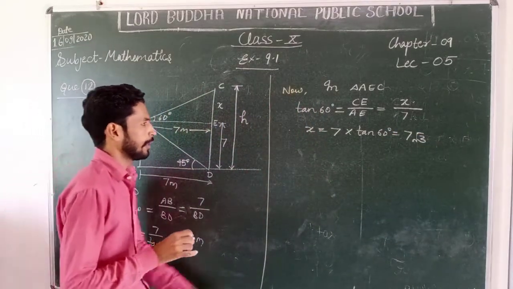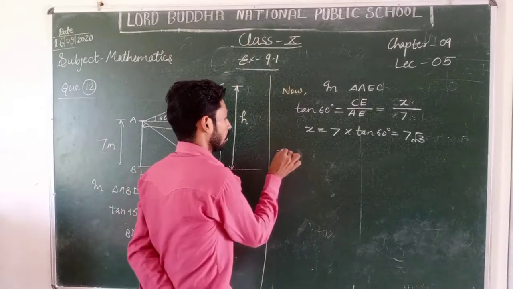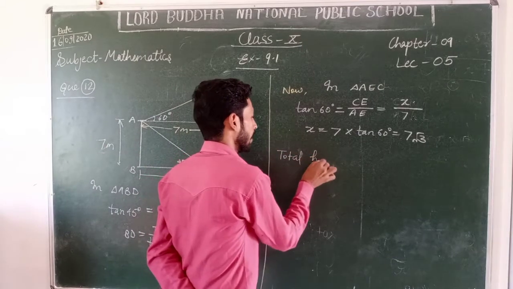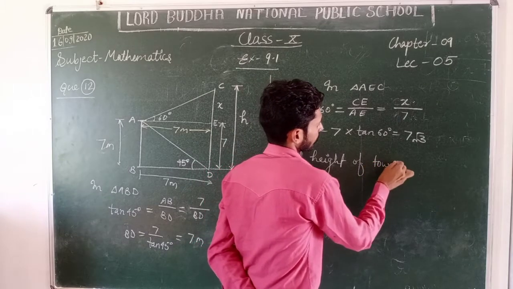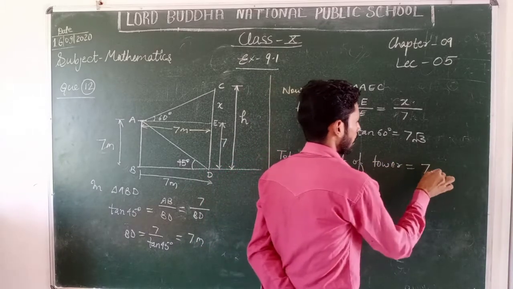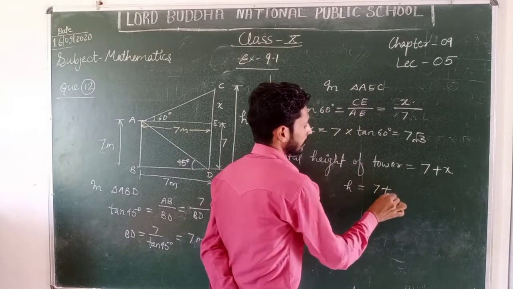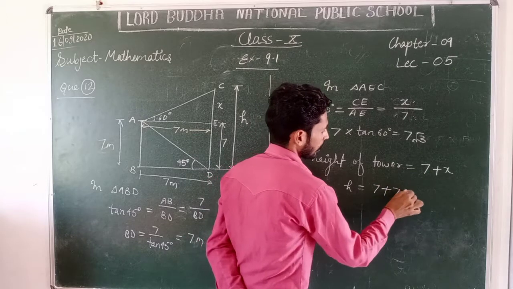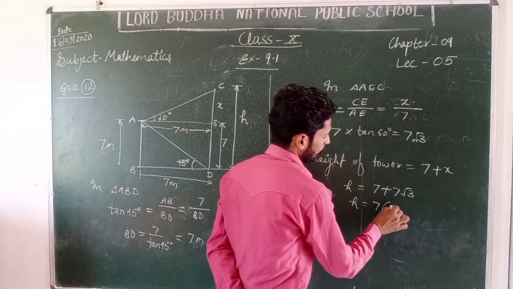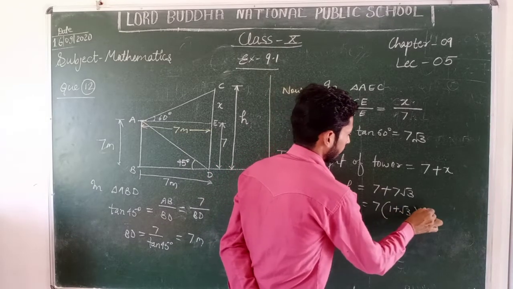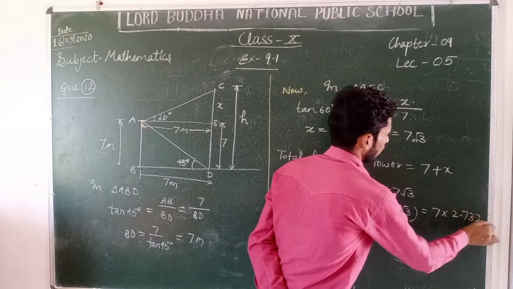Clear? Now the total height of the tower is x plus 7. Total height of tower equals 7 plus x, and h equals 7 plus, in place of x we can put 7 root 3. Now we can take 7 common and this will be 1 plus root 3, and that's equal to 7 into 2.732.